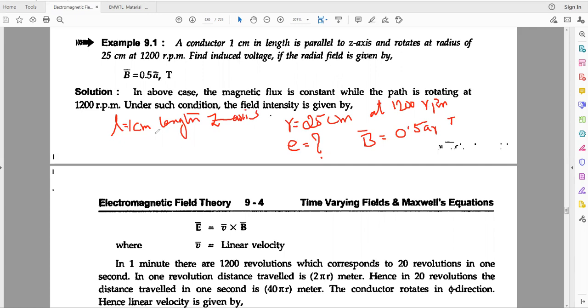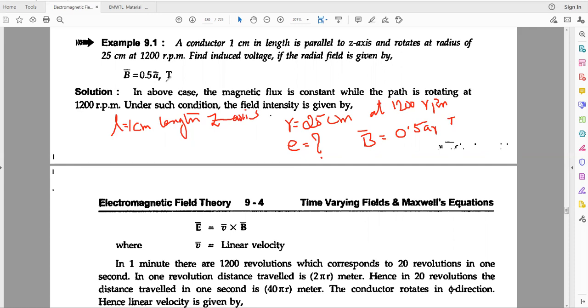The length of the conductor is 1 centimeter, parallel to the z-axis, and it rotates at a radius of 25 centimeters at 1200 RPM. You have to find the induced voltage if the radial field is B bar equal to 0.5 a_r bar in Tesla.